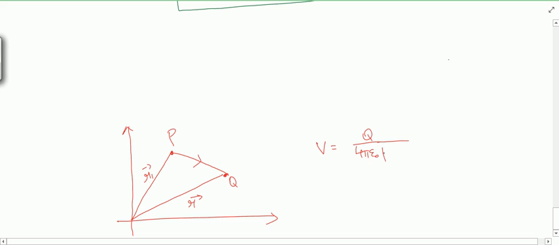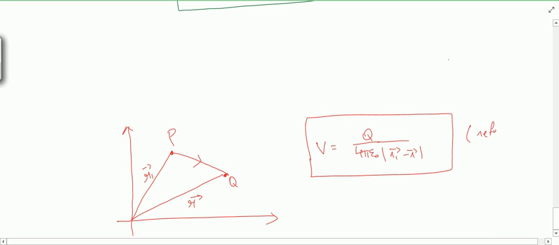So it will be q by 4 pi epsilon naught times the magnitude of r1 vector minus r vector. This is the absolute potential because I am calculating with respect to infinity, and this formula applies if the reference point is at infinity.